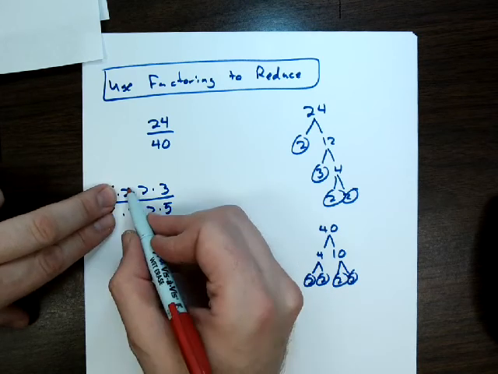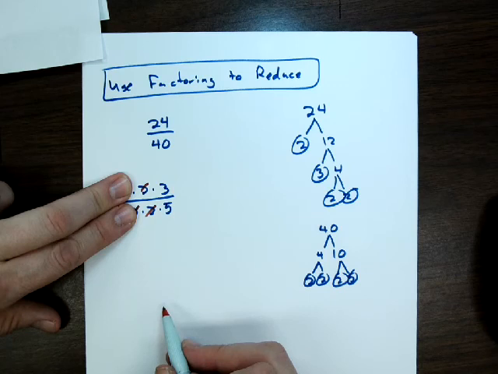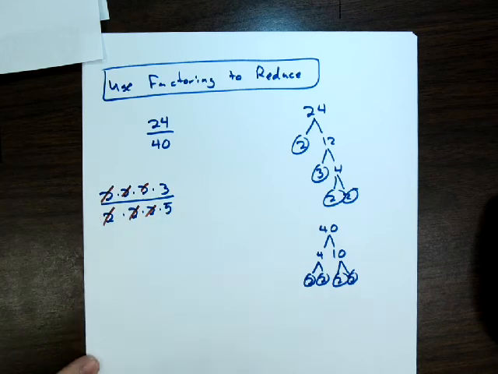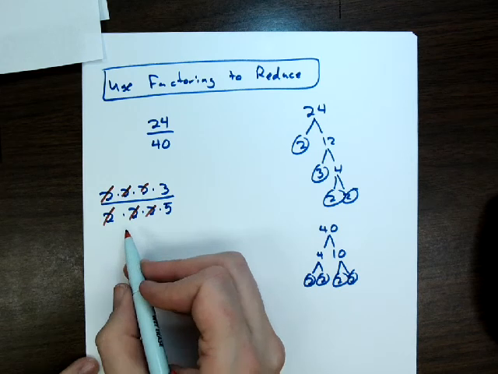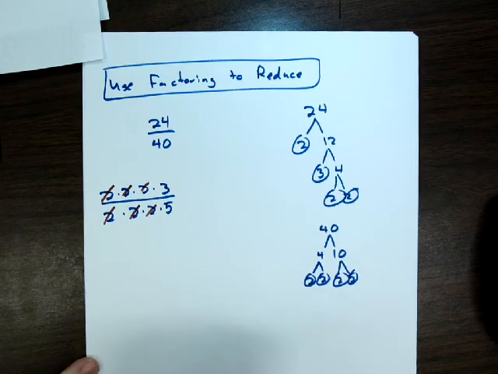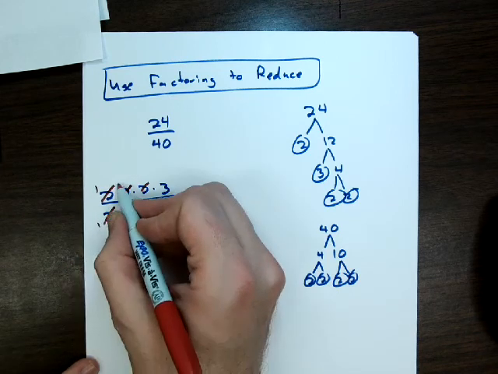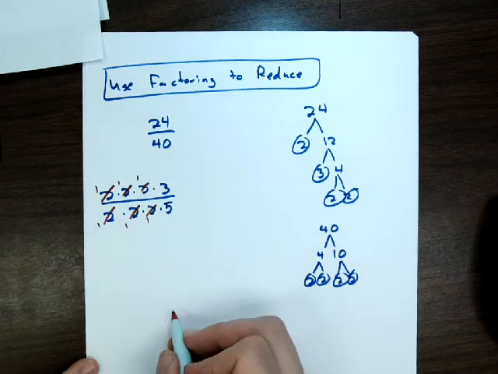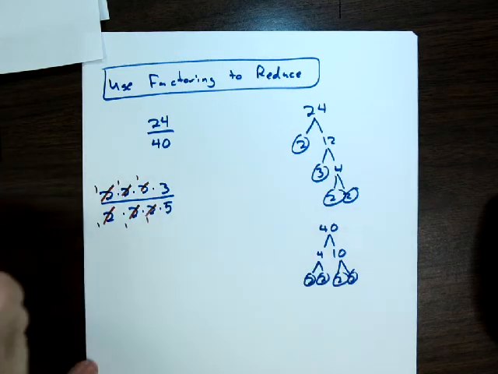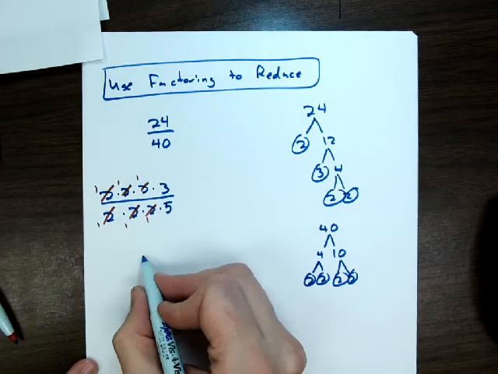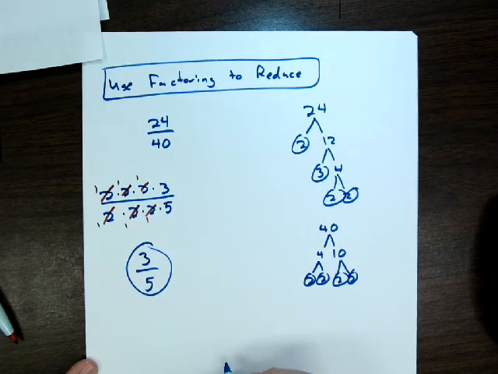Then I'm going to do it again, and again. We say cancel, but in fact we're reducing this. 2 divided by 2 is going to be 1. These are all ones now, technically. 1 times 1 times 1 times 3 is going to break down to 3 over 5. Just like that.